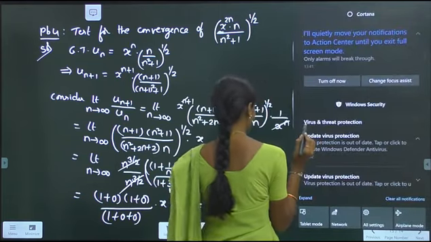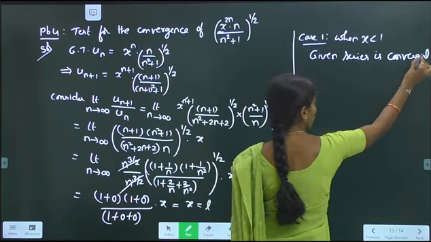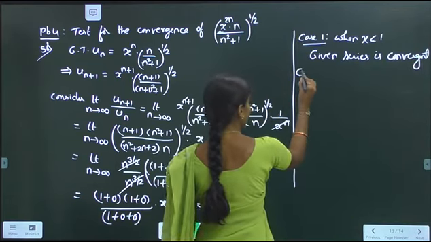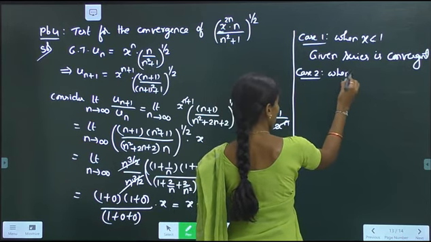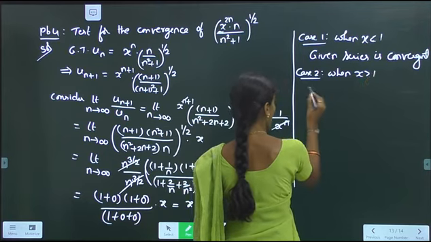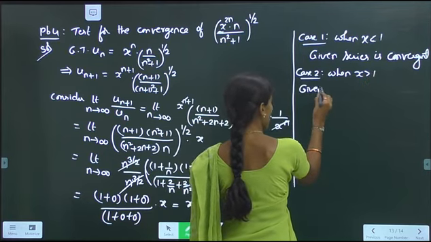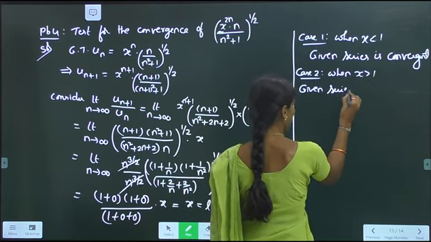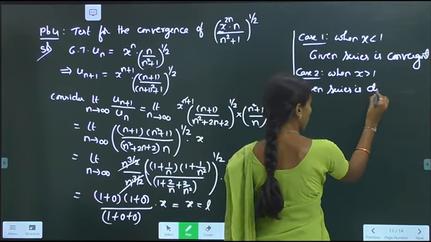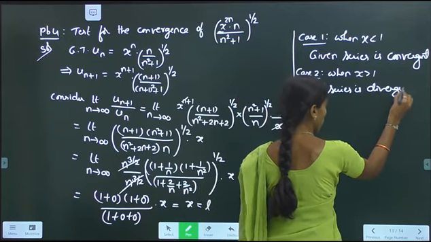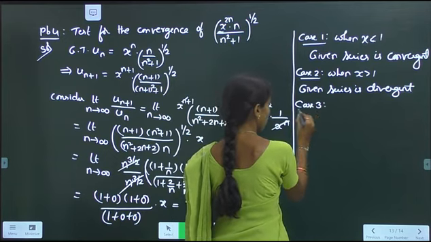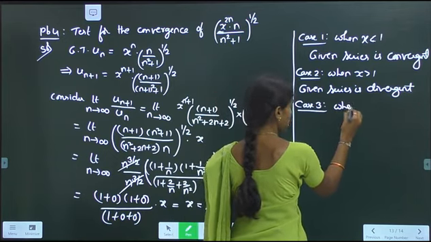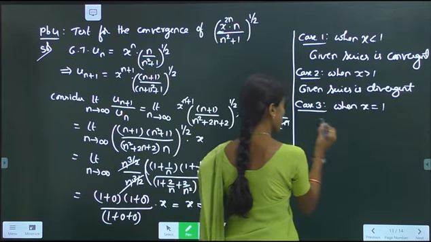Case 2, when x greater than 1, given series is divergent. What about the third case? Case 3 is when x is equal to 1, test fails.